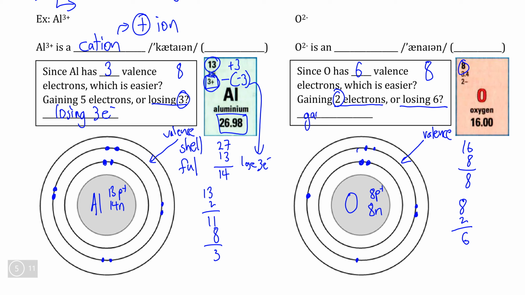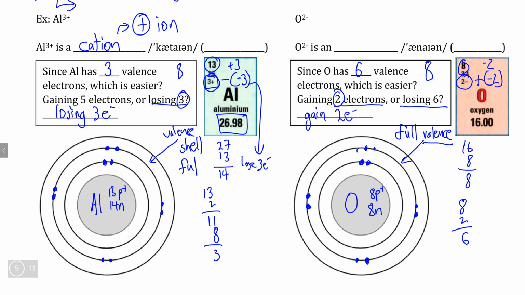So if we cause oxygen to gain 2 electrons, this is the same thing as adding a charge of -2, because each electron has a charge of -1, and when you add a negative number, you make it more negative. So if we put 1 electron there and 1 electron there, now we see that oxygen's valence shell is full because there are 8 valence electrons, giving oxygen its charge of -2.